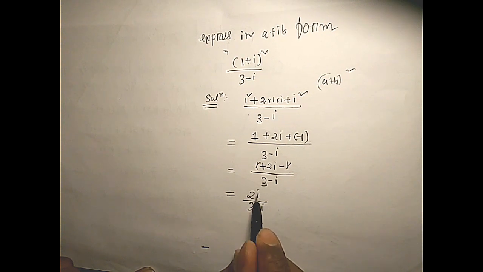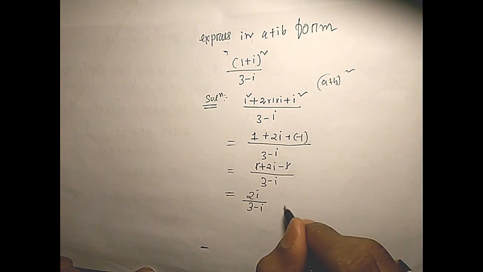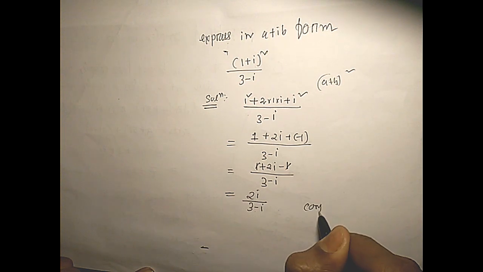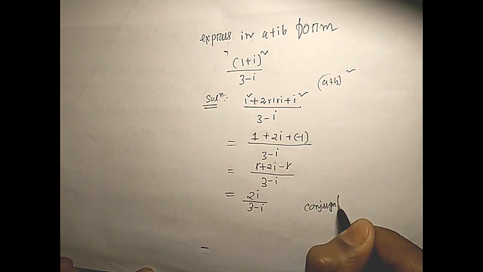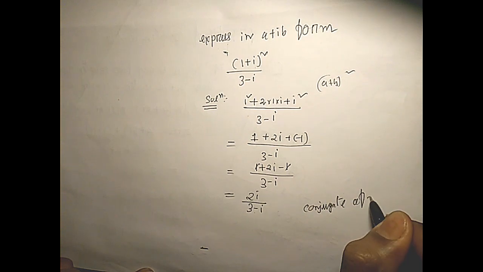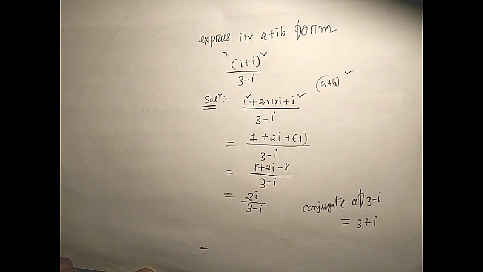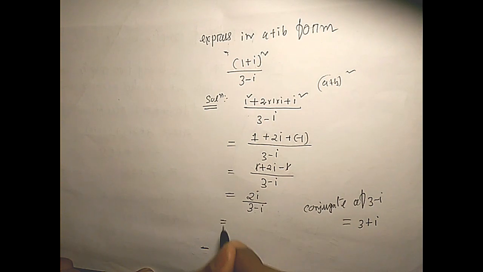So in this step we have seen that the denominator is occupied by a complex number, and we have already discussed there should not be any imaginary part in the denominator. So multiply by its conjugate. Multiply by 3 plus i, because the conjugate of 3 minus i is 3 plus i.